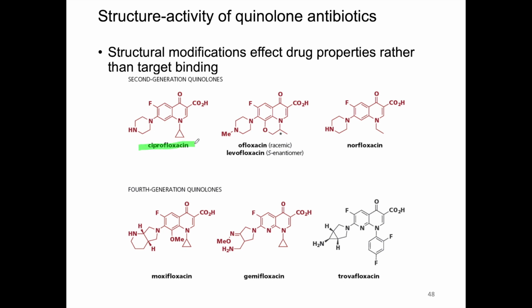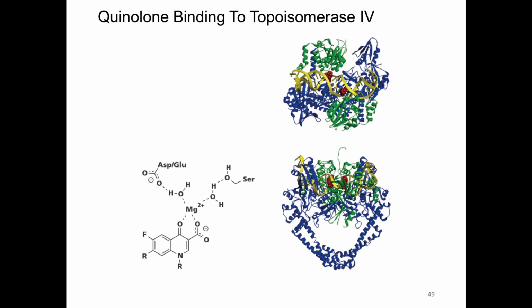Ciprofloxacin is the classic, and then fourth generation derivatives down below, so you can see how they are similar yet also differ. There are some structural features that remain consistent between them and some of the second generation, and then some of the functionality that differs between them also. And so those subtle changes, they don't change the target, they just change the properties of the drug.